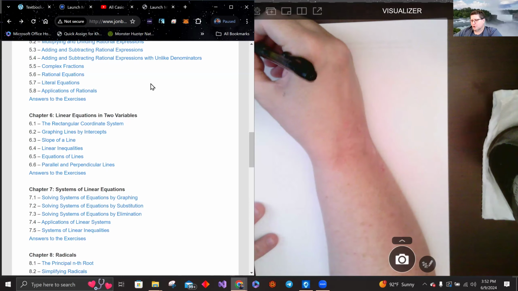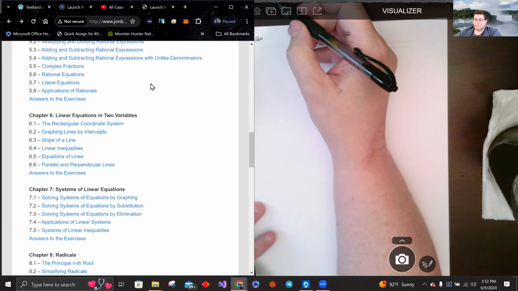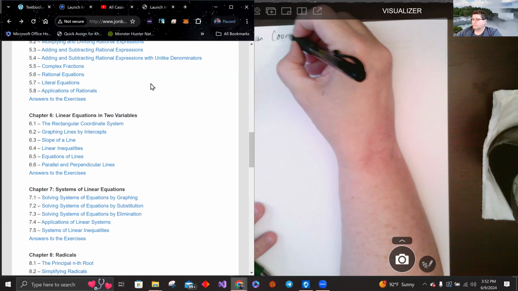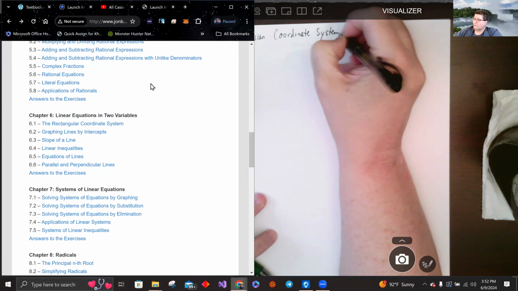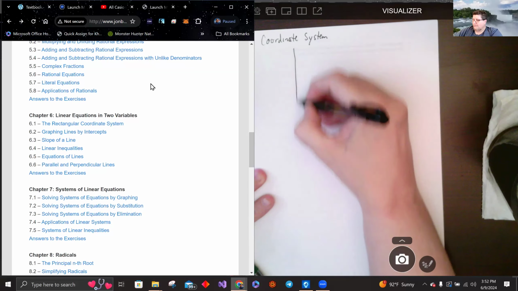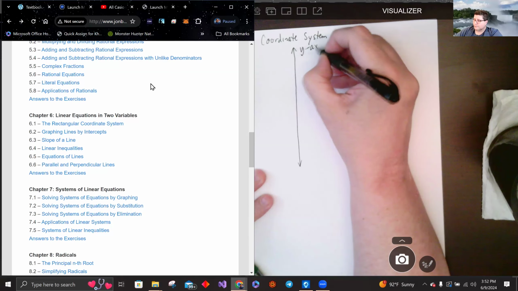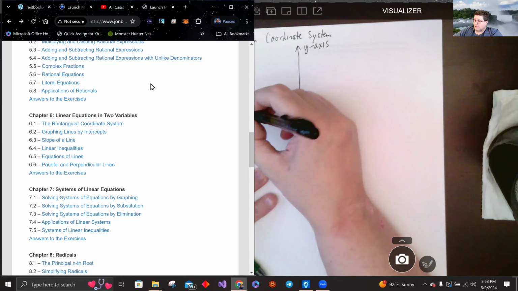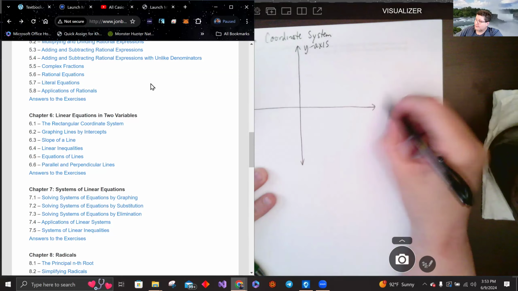So our Cartesian coordinate system. We have a vertical line. This is called the y-axis. We have a horizontal line, and this is called the x-axis.